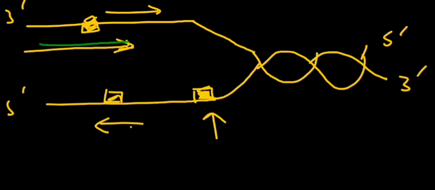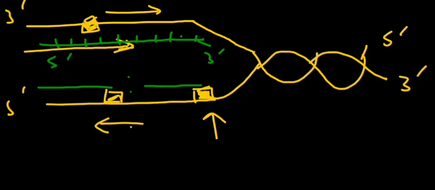This strand here will be producing a continuous strand in the 5' to 3' direction. Then this one is going to produce a strand up to there, and from there it's going to produce another strand up to somewhere here. So you're going to have a strand here, then a gap, then another strand there.